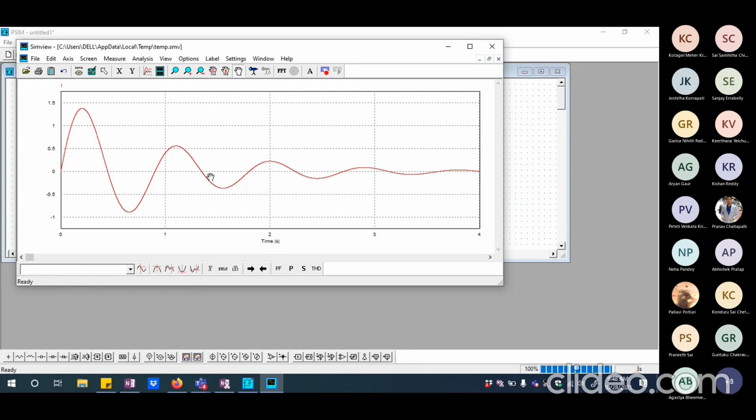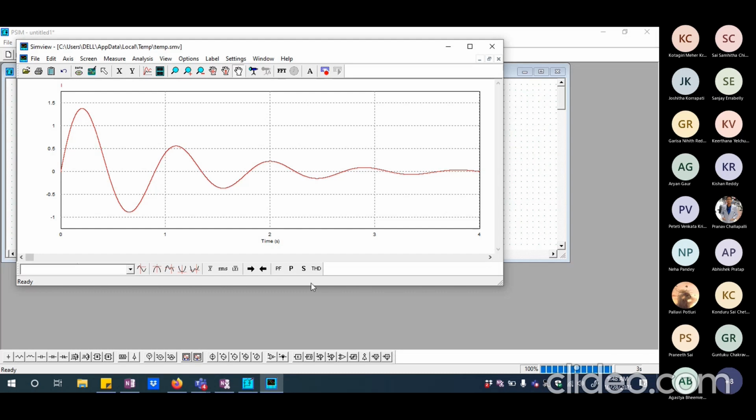The peak of the sine or cosine is decaying gradually, and the way in which it is decaying is exponential decay.